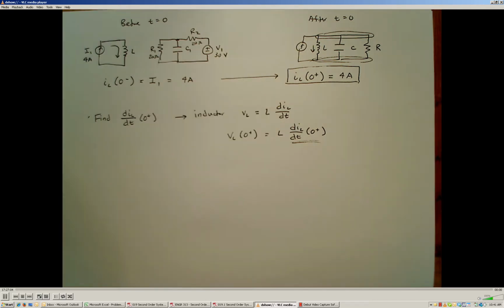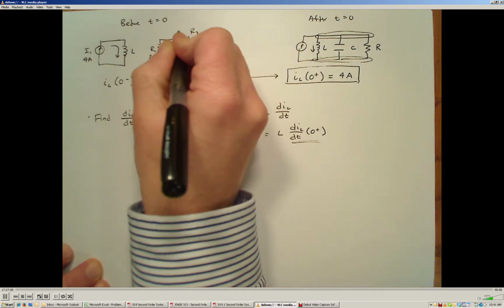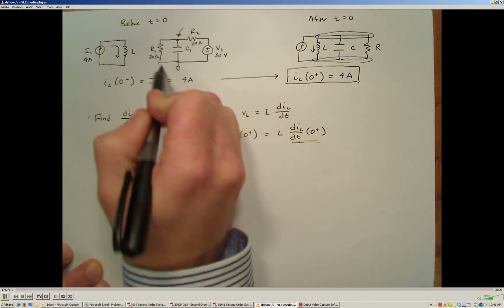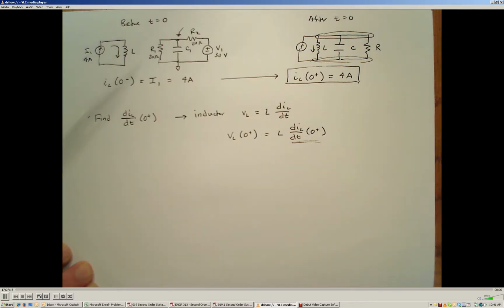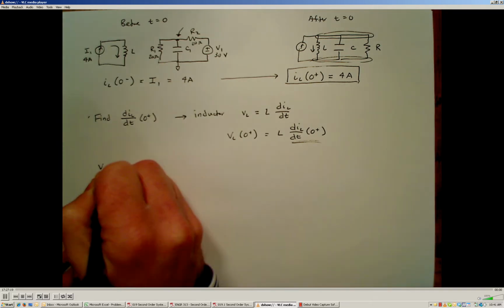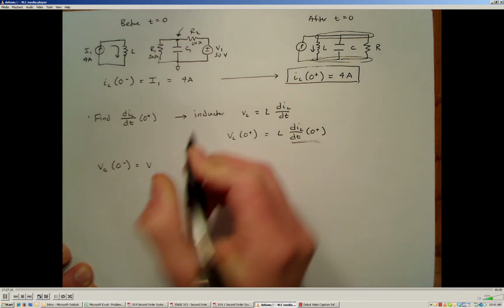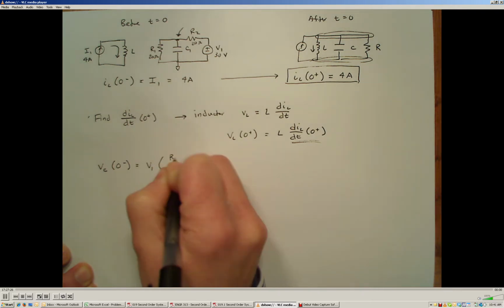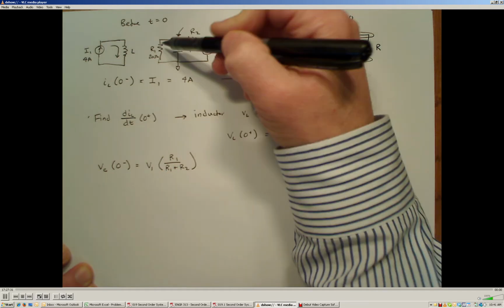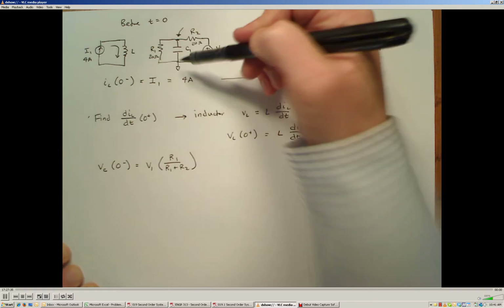Okay? So we can determine what the voltage is across the capacitor at this node right here because we have a voltage divider between R1 and R2. So the initial voltage across the capacitor at time 0 minus is given by our voltage divider equation, which is V1 times R1 over R1 plus R2, because we're trying to find the voltage across this resistor, which will in turn be the voltage developed across this capacitor.